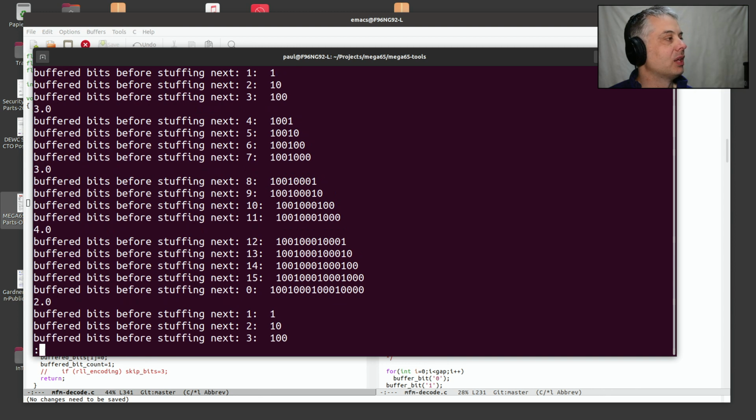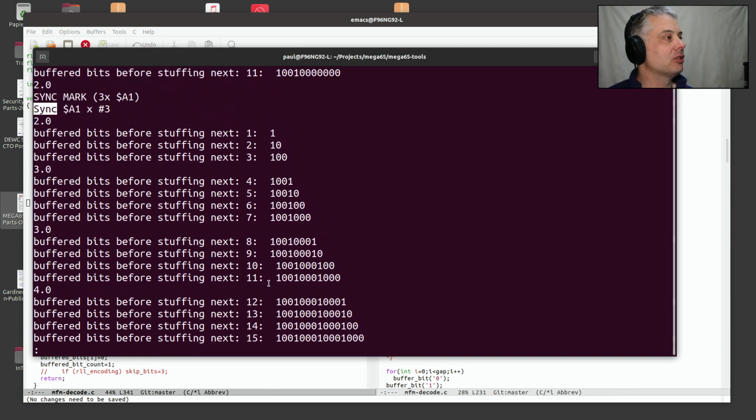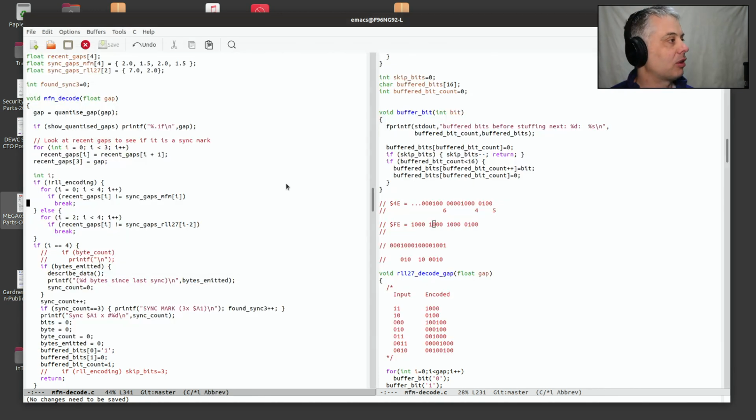And so now we do need the skip bits to trim those 3 off the front. So skip bits.